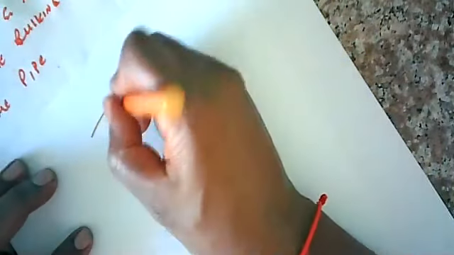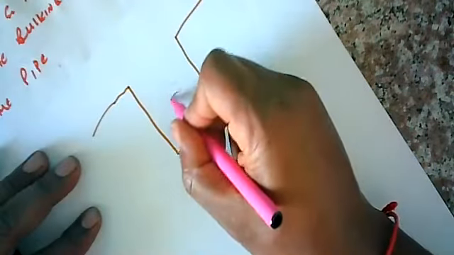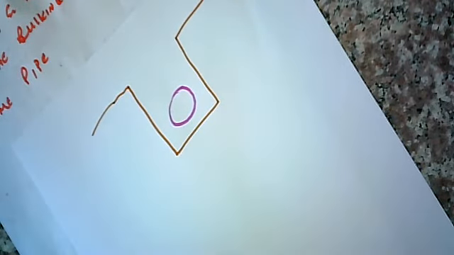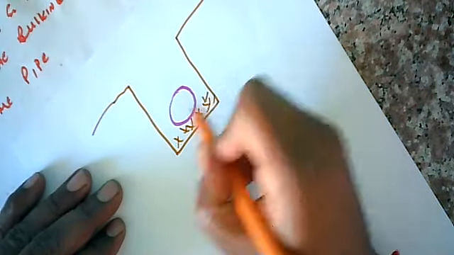If you have a trench, all right, if you have a trench and it's ground, here's my trench, and inside there I've got my pipe, right? Now, the reason the pipe is suspended is because you have to put in some type of bedding material. You'll learn about that as you progress in your career.